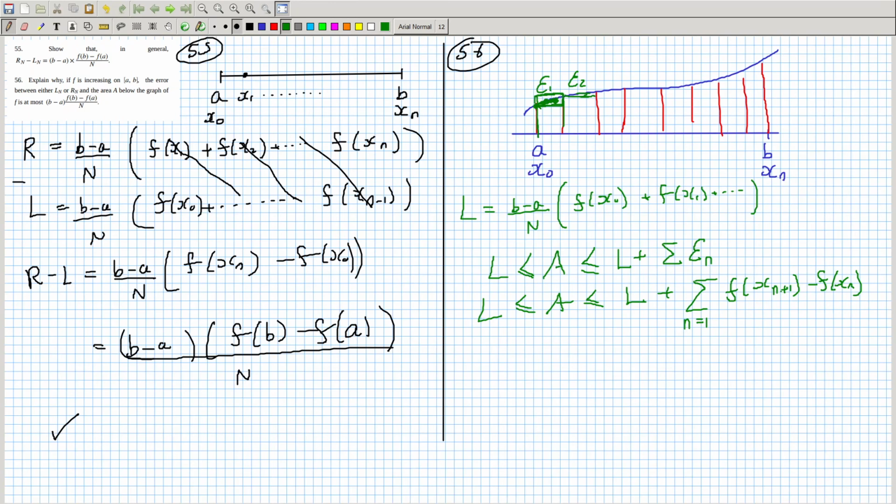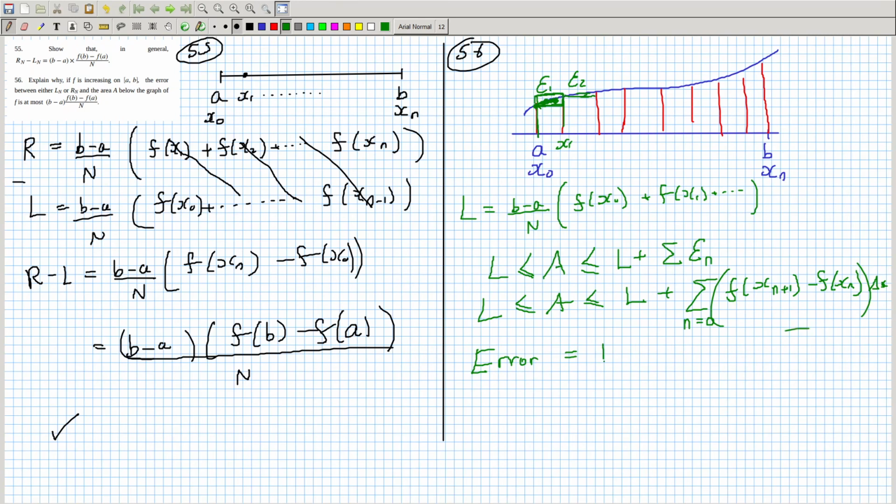So that'd be 2. No, I have to be careful here. That's x1 minus x0. So that would be starting at 0. Okay. The difference in the height times the delta x. So that would be at most the error.